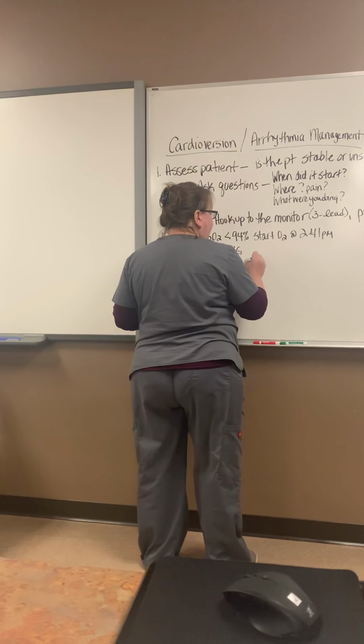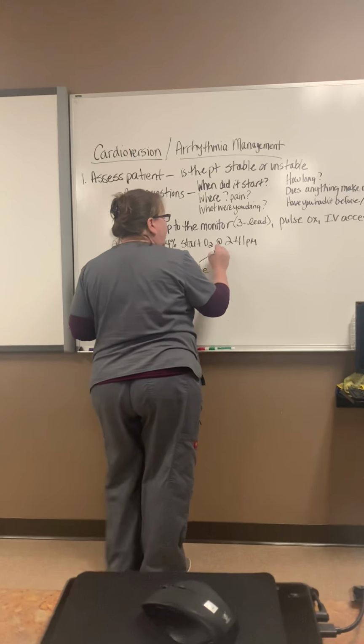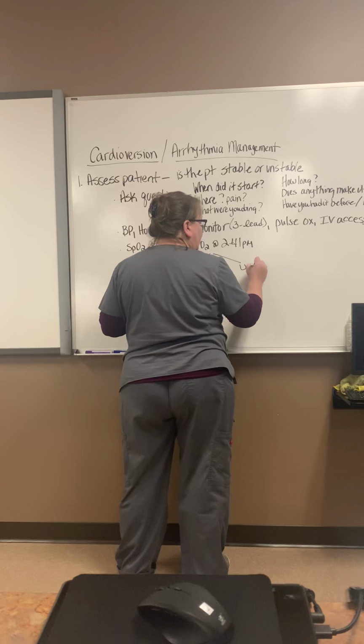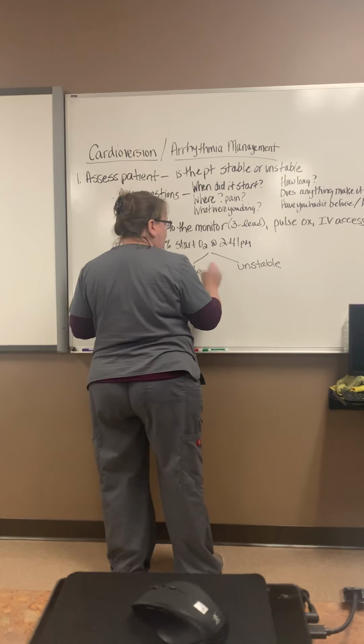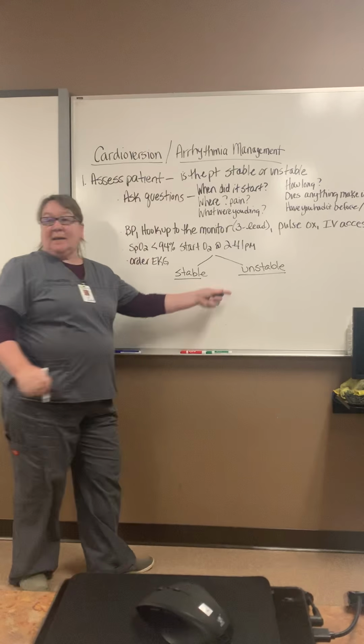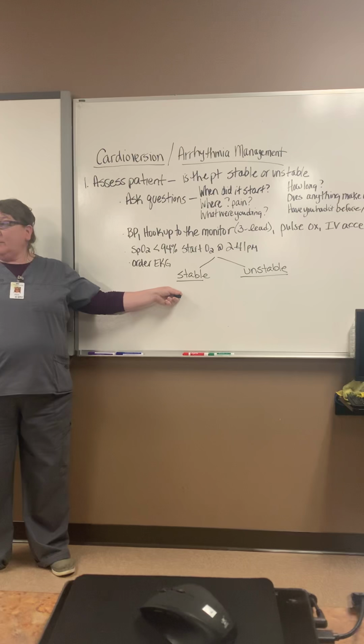Now we're going to branch off into stable. After we've done all that, is our patient stable or unstable? We're going to list the things that would make our patient unstable, and if they don't have any of those, then they fall in the stable category.